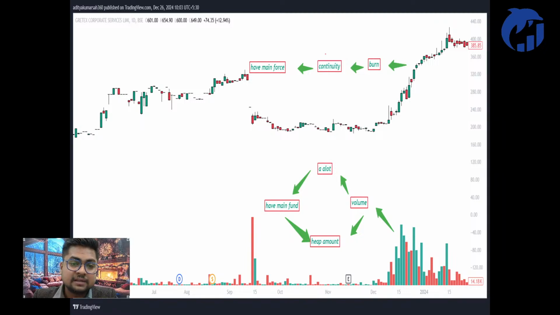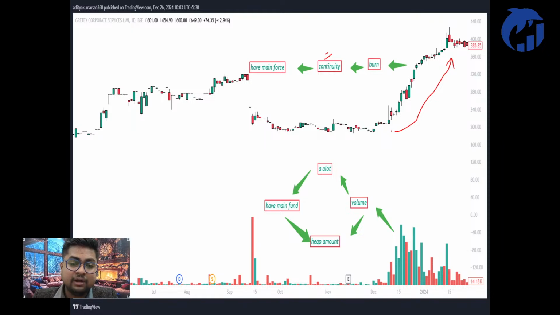Just have a look, it is increasing very continuously. The continuity is being maintained, and it confirms the presence of the main force. So the main force has entered here. The continuity confirms the presence of main funds in this position.